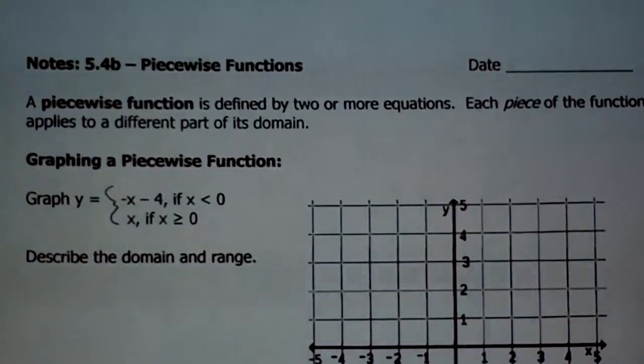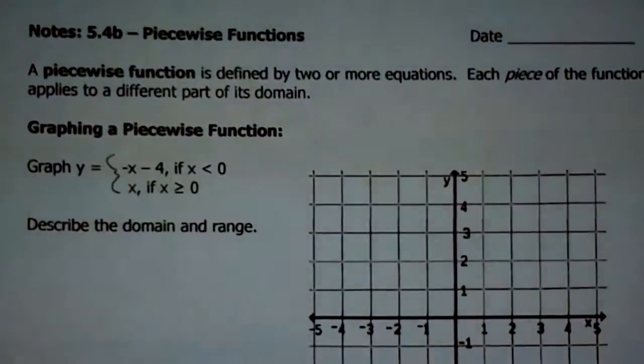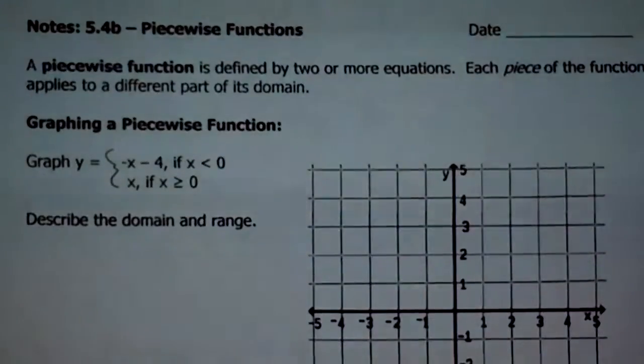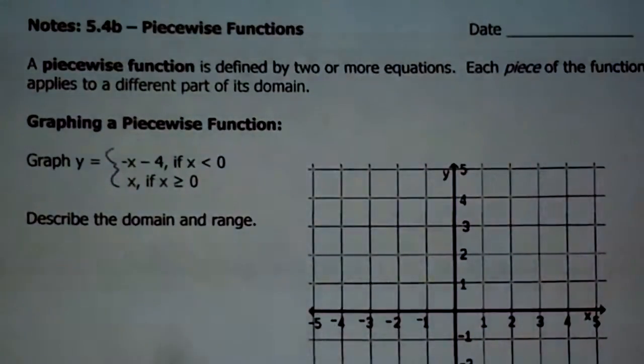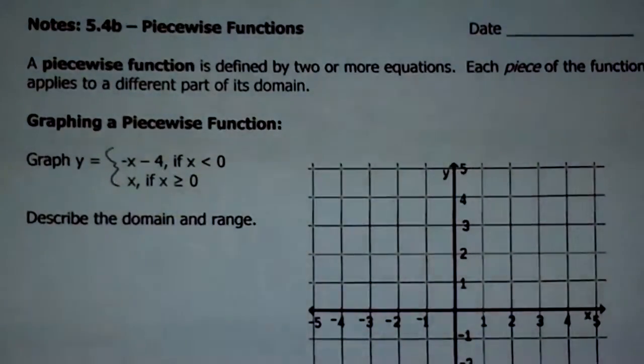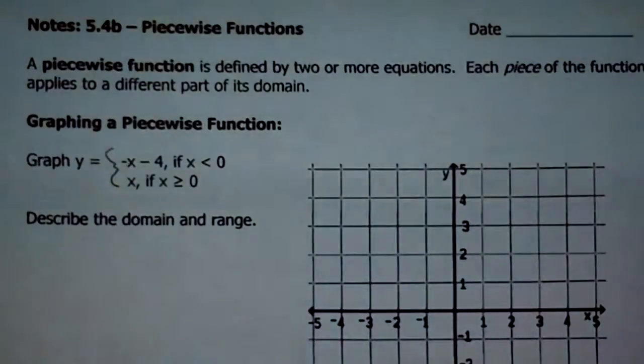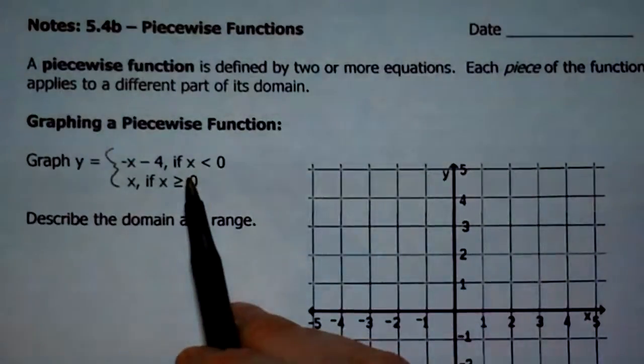Welcome back. Okay, so when you're trying to graph this, we're going to use our knowledge of graphing equations in the form of y equals mx plus b. These are in that form, but how we graph it is determined by what the domain is. And remember, domain are the x values.